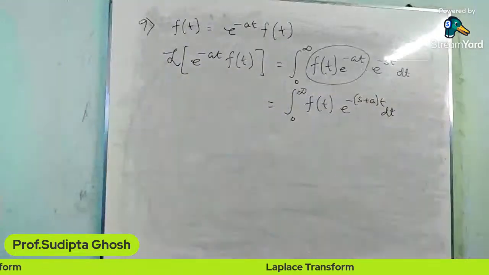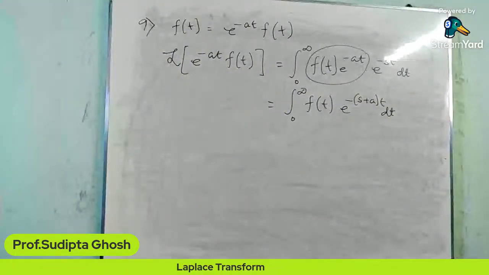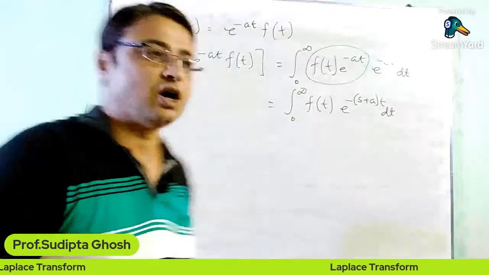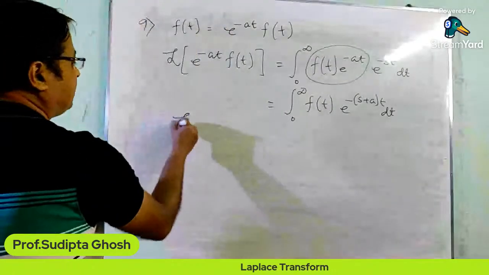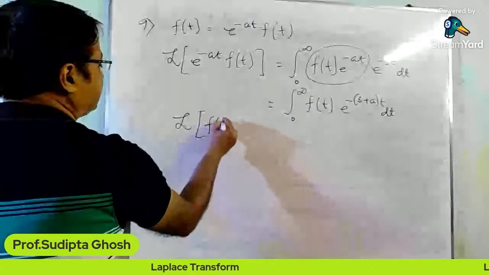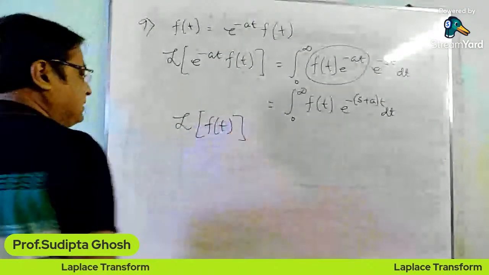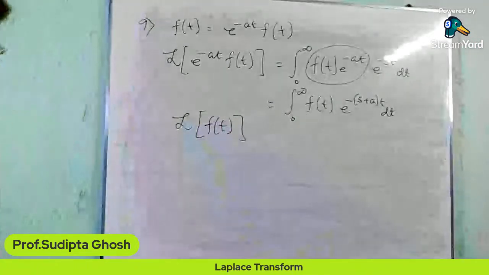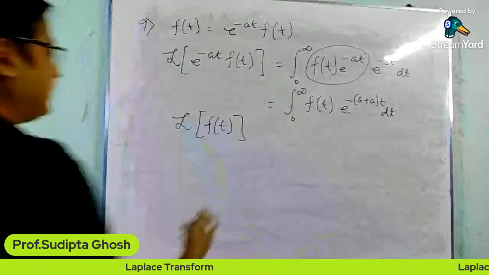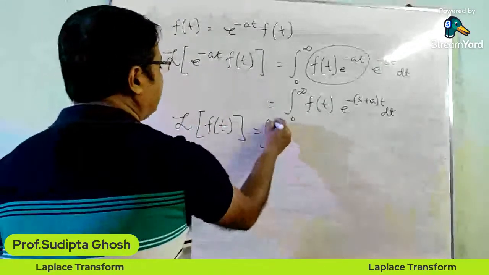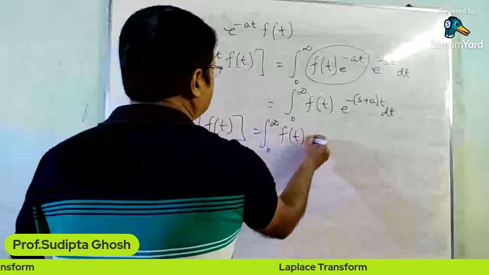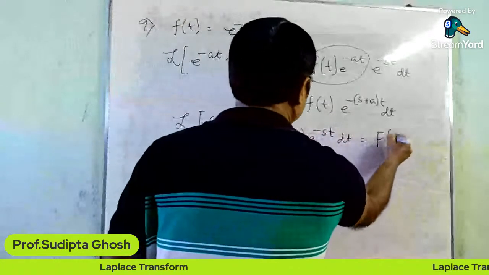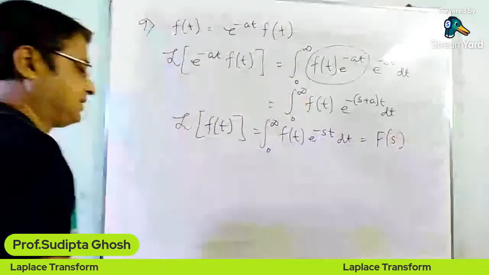So it can be written as this. Now from the definition of Laplace transform, that is what we have written earlier, the Laplace transform of f of t can be written as integral 0 to infinity f of t e to the power minus st dt, and that can be written as capital F of s.